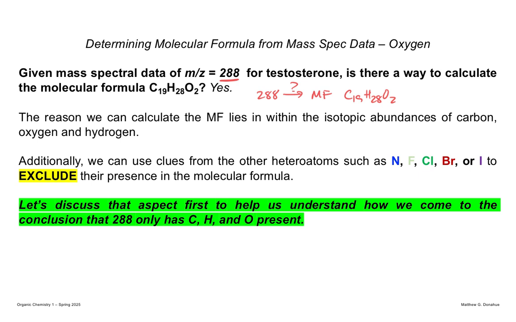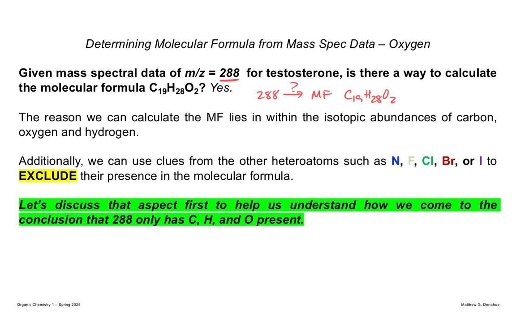Oxygen is really difficult to determine. Because it's so difficult, we're going to look at excluding other elements first, and then through logic, we'll end up back at oxygen to support our claim that it is in there.